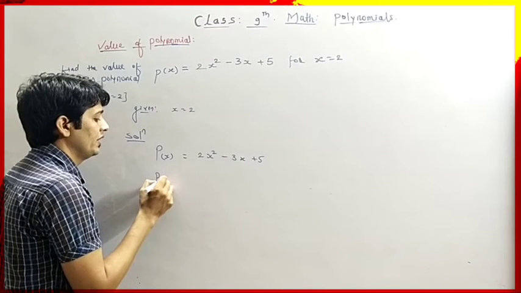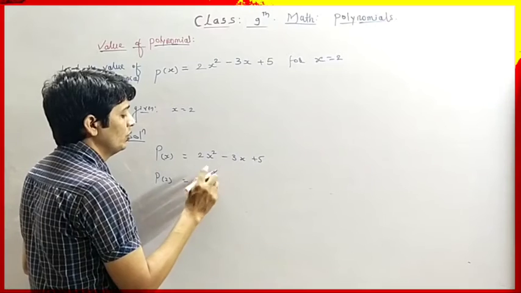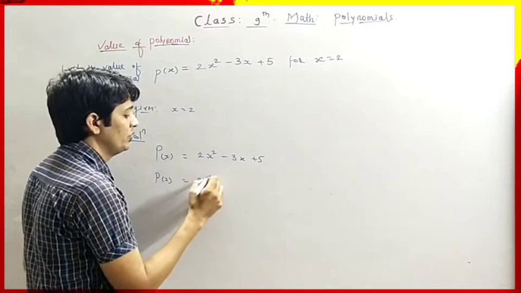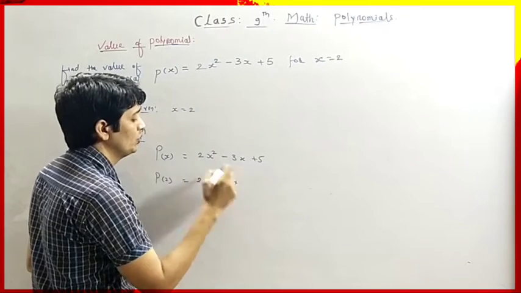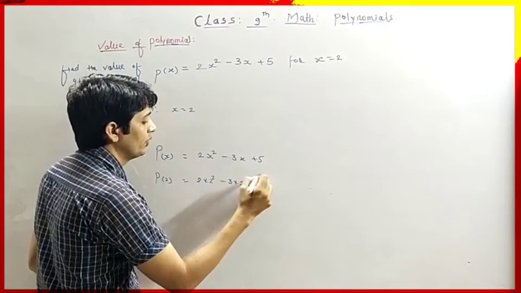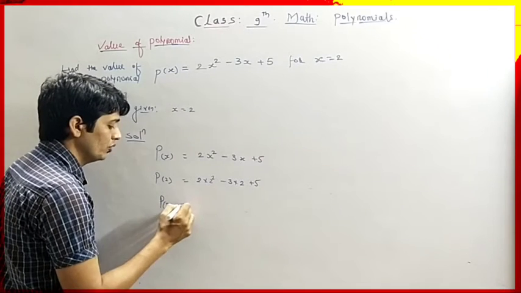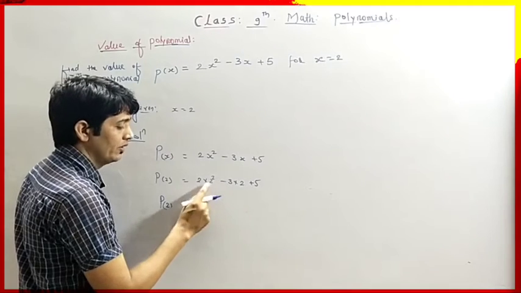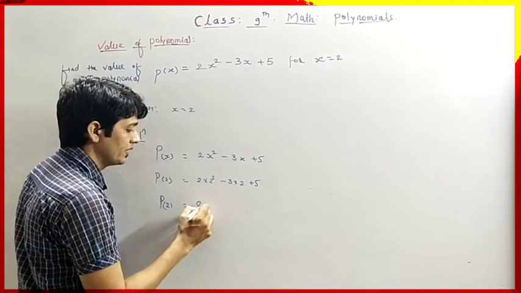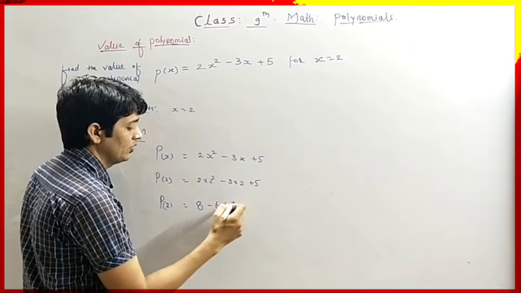We have x equals to 2. Therefore p(2) equals to 2 x square minus 3x plus 5, with x being 2. Now p(2) equals to 2 into 2 square. 2 square is 4, 4 2s are 8, minus 2 3s are 6, plus 5.